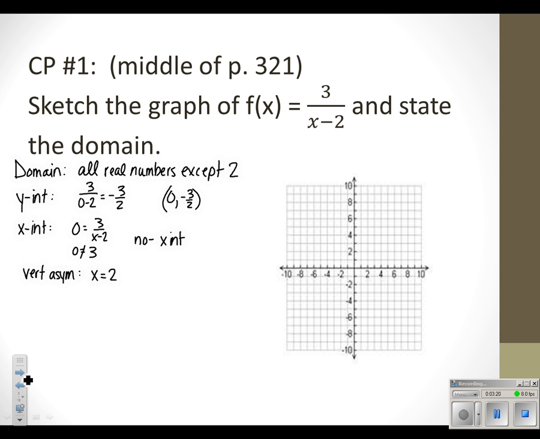Well, the degree of the top function, our numerator function, is 0. And then the degree of our bottom function is 1. So when the degree of the top function is less than the degree of the bottom function, then we're going to have y equals 0 be our horizontal asymptote. And again, if you have to, look back on page 314 for that rule.